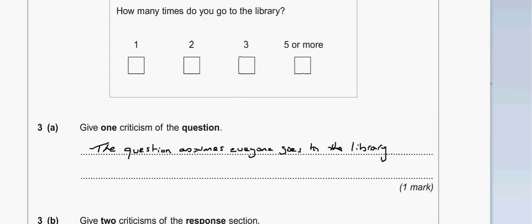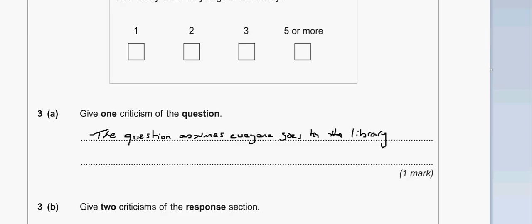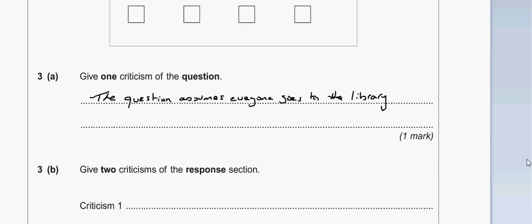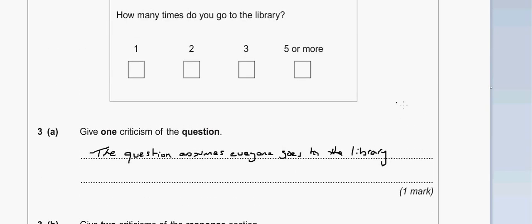Okay. Give 2 criticisms of the response question. Okay, so the response is here, 1, 2, 3, 5 or more. Now, because the question here assumes that everybody goes to the library, there is no box to be ticked for never, because not everybody belongs to a library, and if they do, they don't go, or sometimes they're sporadic.